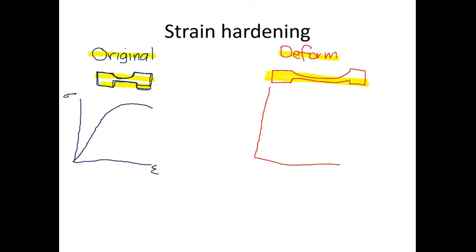From this graph, as I previously mentioned, these are the elastic region, and at this point where the graph begins to form a curve, this point is known as the elastic point. It means that below this point is the elastic region.